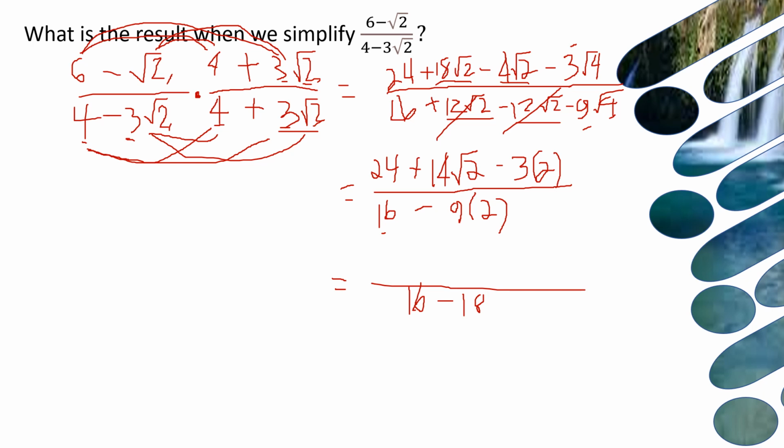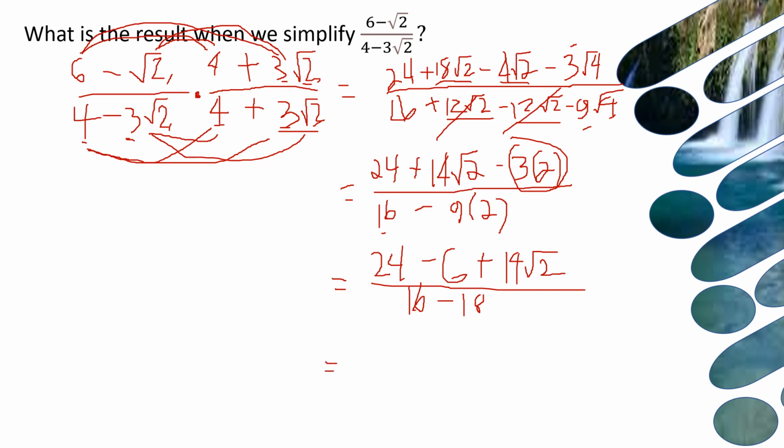And on the numerator, we have 24. And this 3 times 2 here is 6. So minus 6 plus 14 square root of 2.